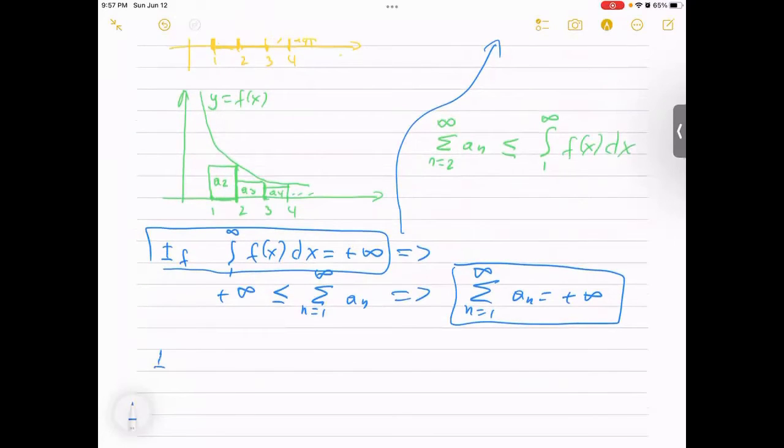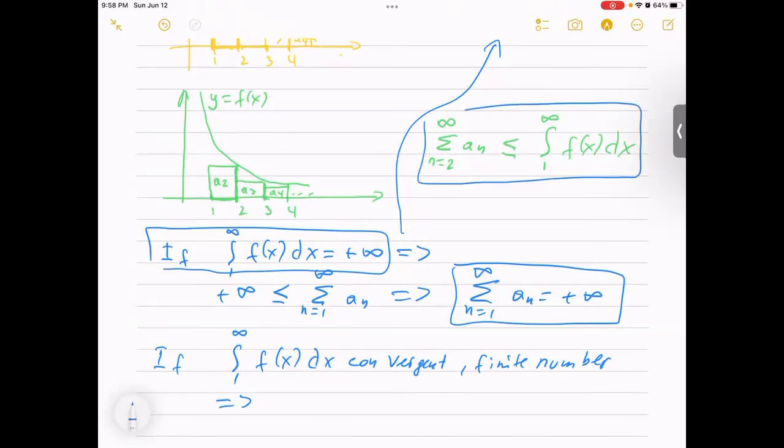Now let's look at another possibility. What is happening? Here we have a convergent integral. Convergent means equal to a finite number. Now we're going to look at the second inequality which we got.